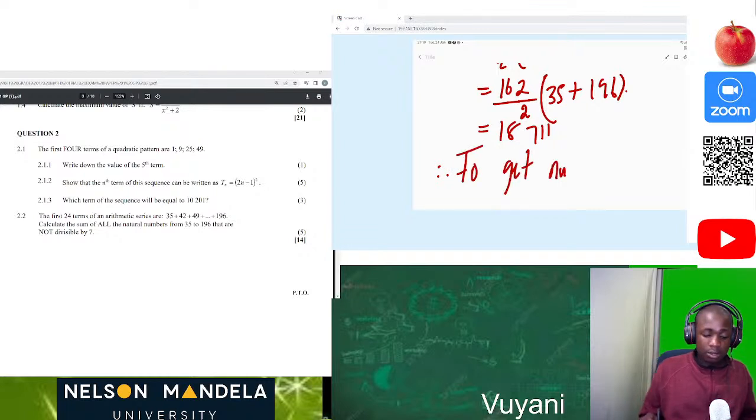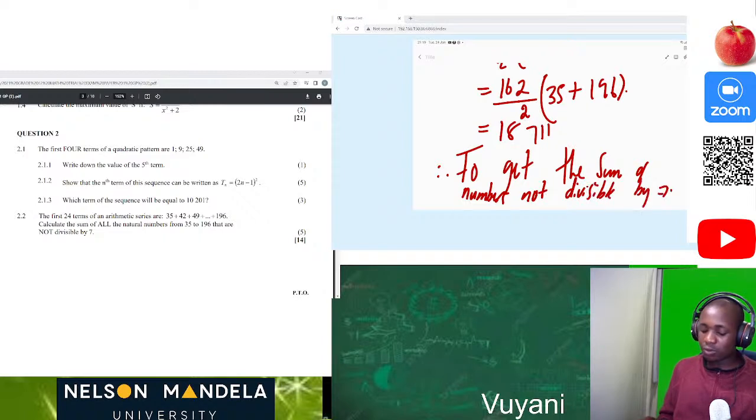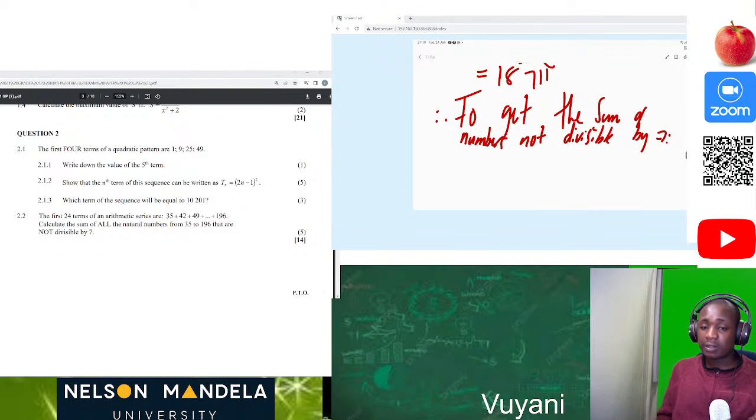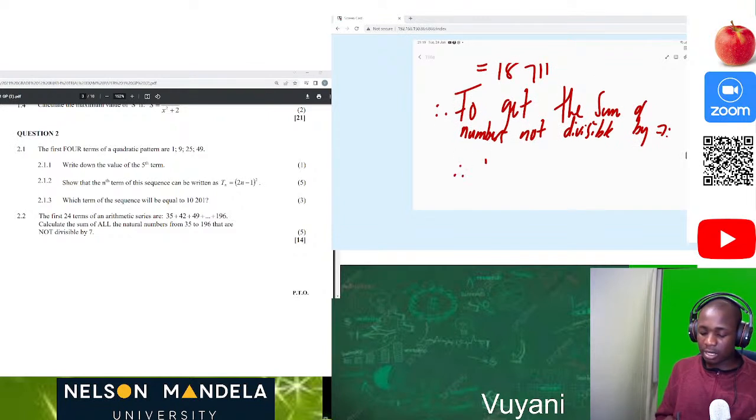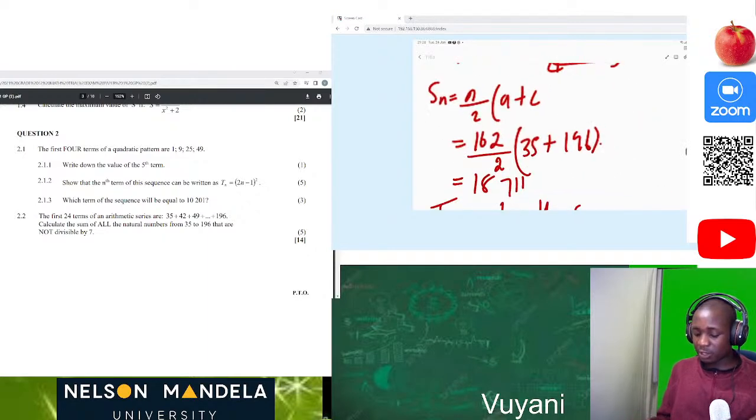Then, in order to get the sum of numbers not divisible by 7, what do we do now? We just subtract the difference. So it's going to be 18,711 minus 2,772.